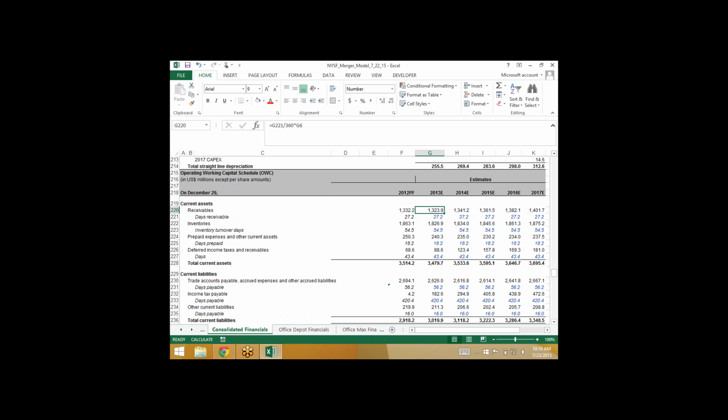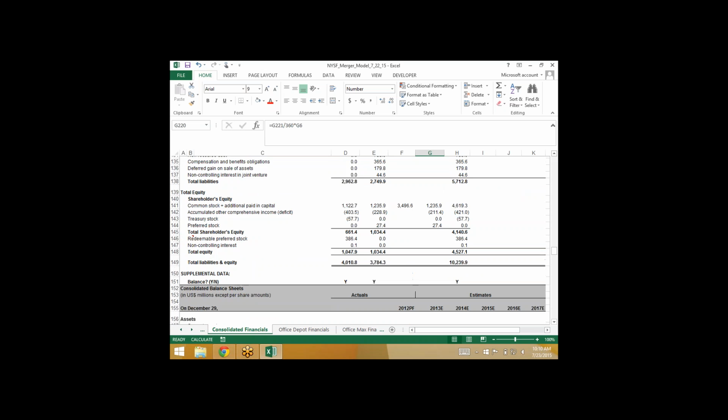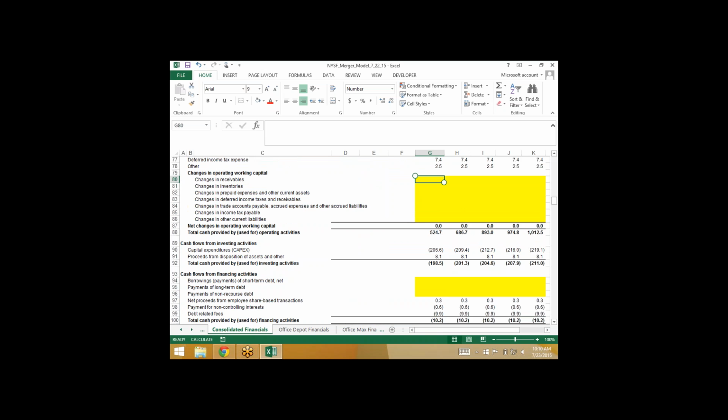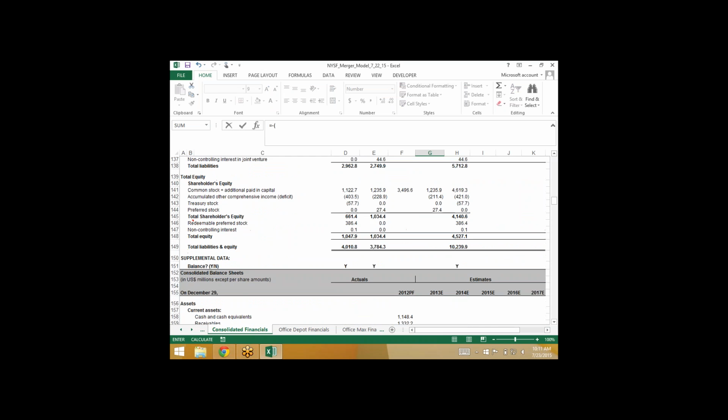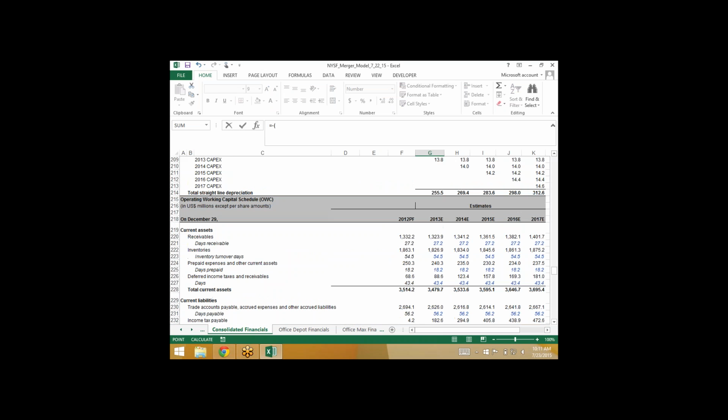So we want to represent the proper cash movement in the cash flow statement. So it's going to be minus the change, to represent that it's opposite of the way the balance sheet's moving. If you look at the first line item here, changes in receivables, it's going to be equal to minus, in parentheses, 2013 minus 2012.